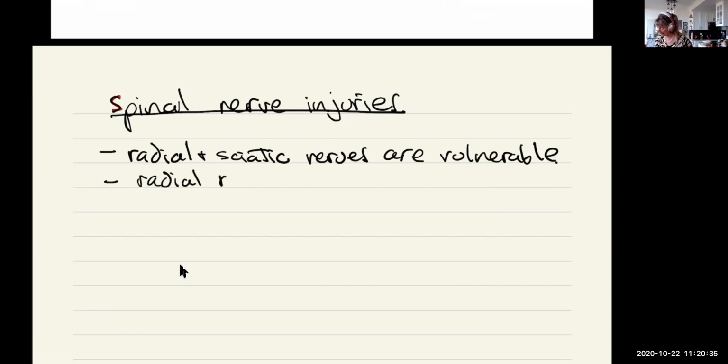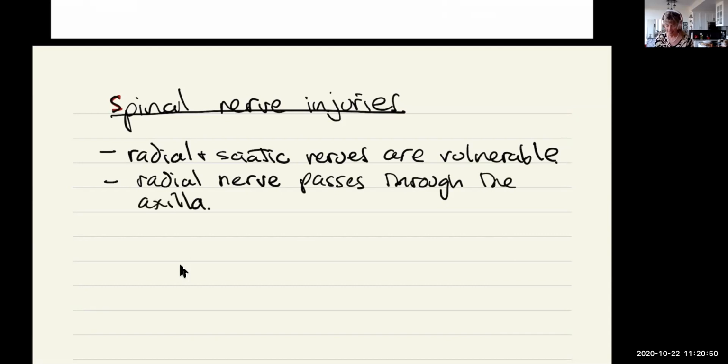The radial nerve passes through the armpit, the axilla, and as such, it can be compressed by crutches.